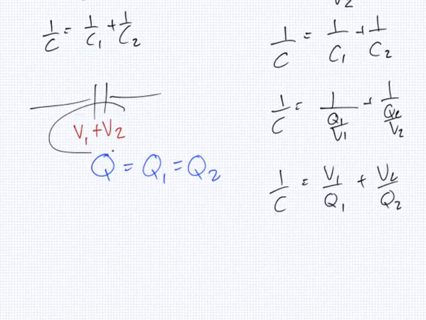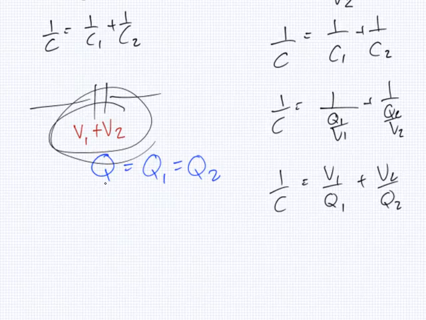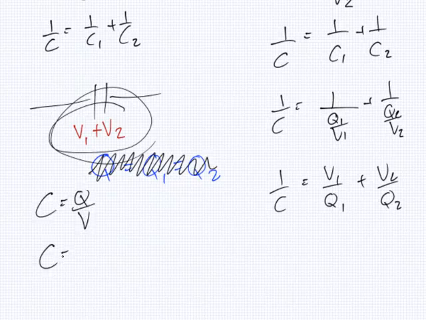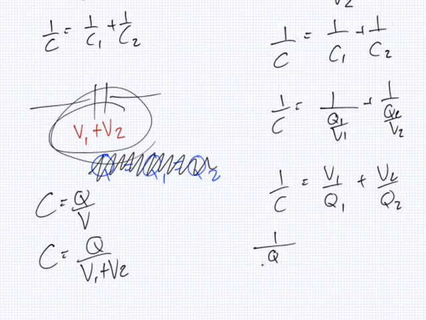Now, here we know the voltage adds when they're in series. So C equals Q over V. But what is V? V1 plus V2. So then here this is 1 over Q over V1 plus V2.